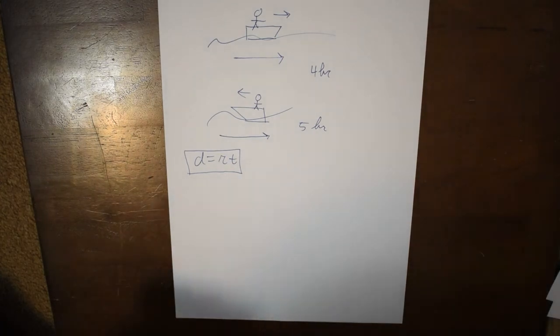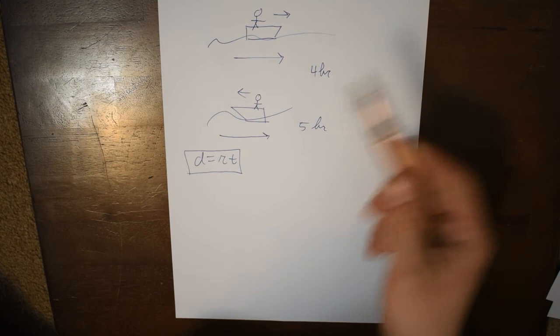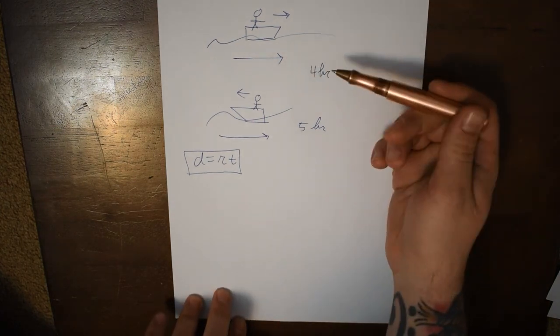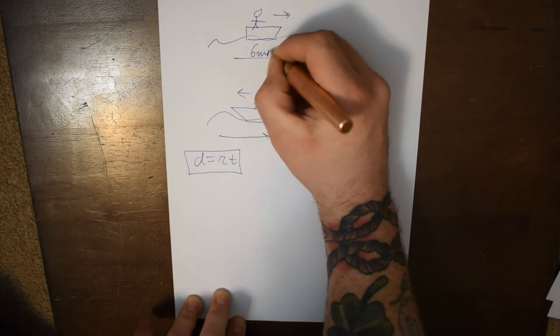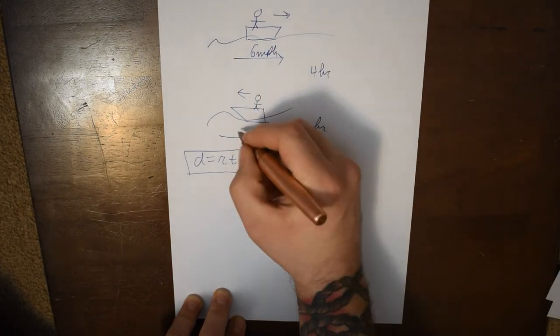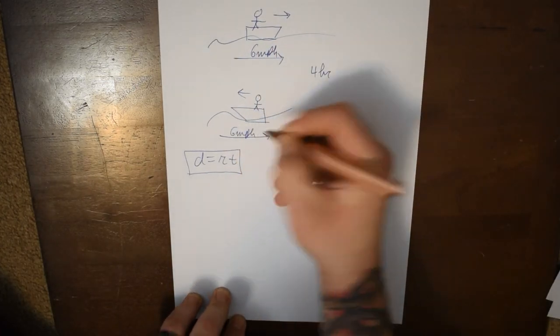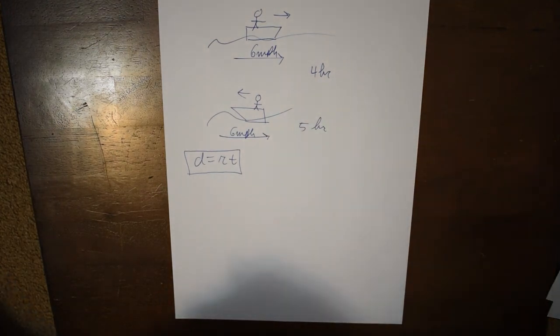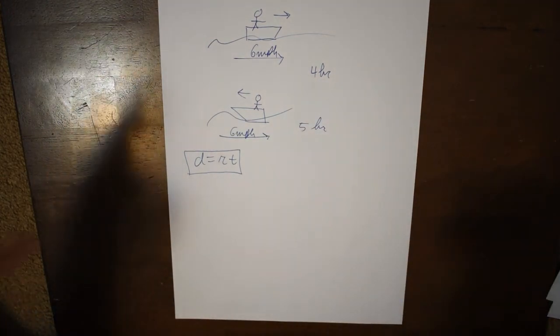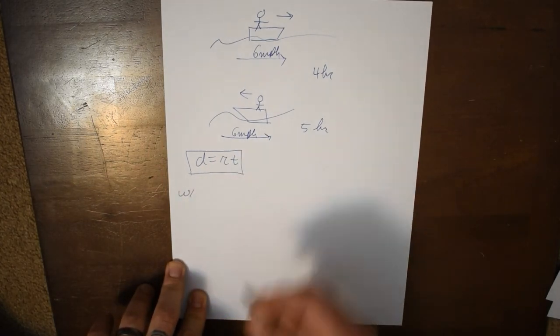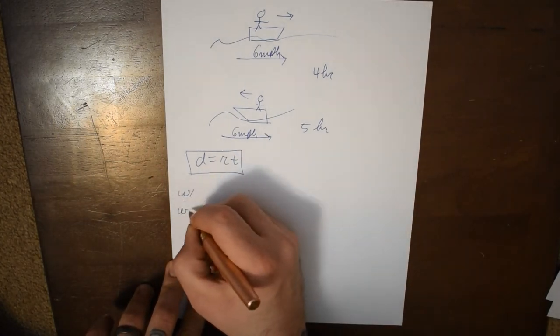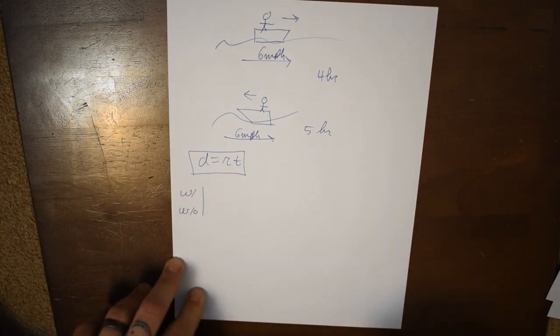So, a Coast Guard patrol boat travels for 4 hours on a trip downstream, or with the current, with a 6 mile per hour current. And on the way back, the current is still going 6 miles per hour. So let's set up two equations for this problem, one with the current and one against it.